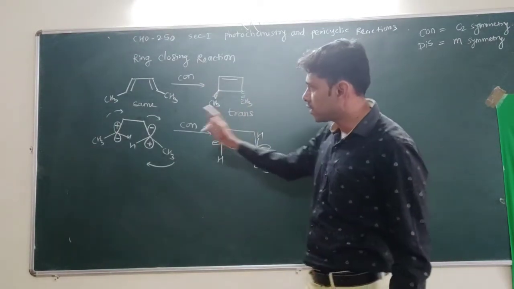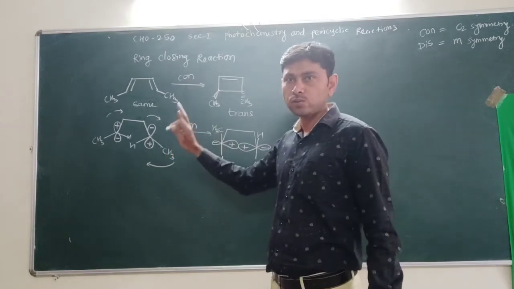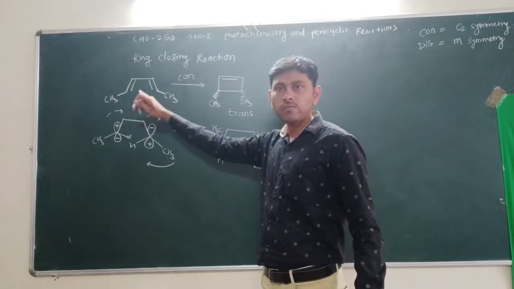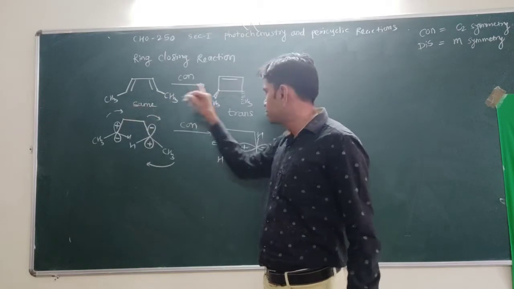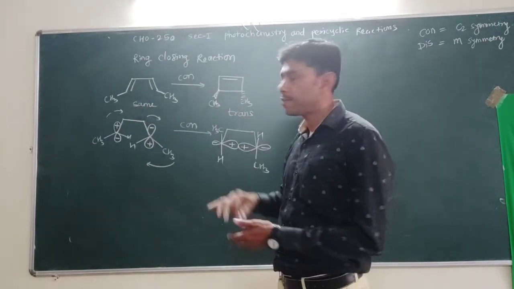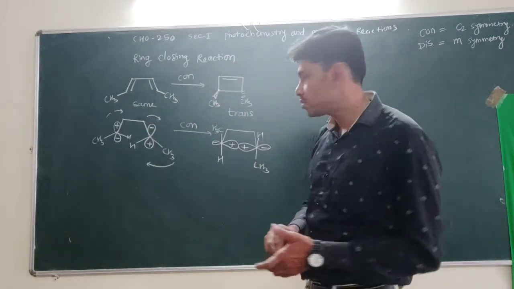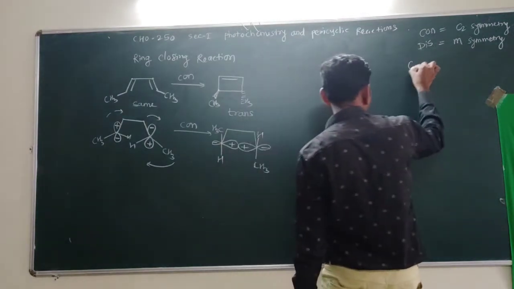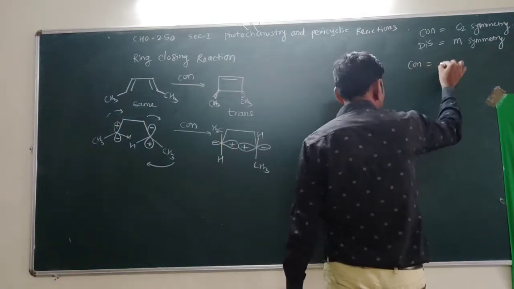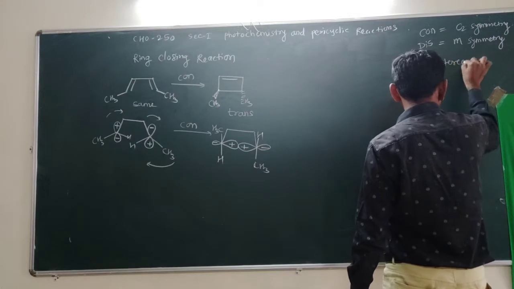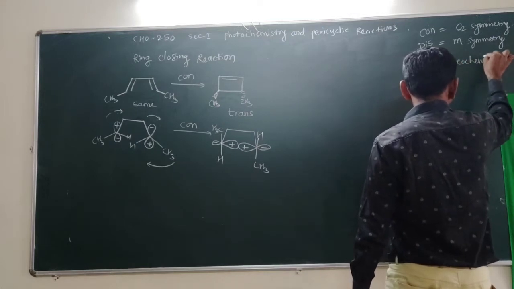There is no rule for this, but for our convenience we say that same side changes to opposite side by conrotatory motion. That means with the help of conrotatory motion, the stereochemistry changes.